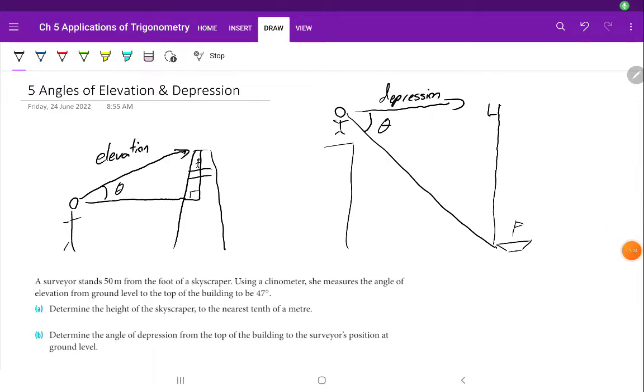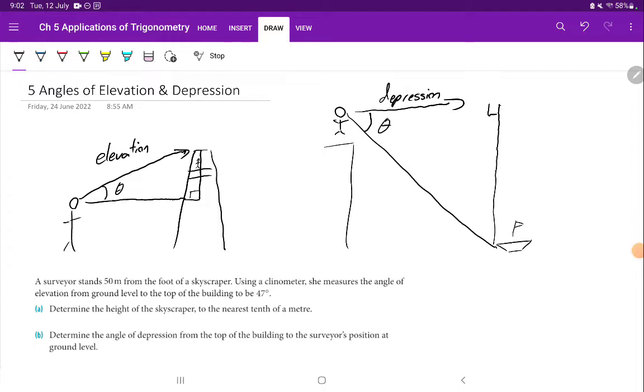Now, in the olden days, in order to work out any far distances, it was much easier to use trigonometry rather than trying to measure things by hand. You can measure anything from how tall a tree is or how tall a building is by just being able to measure the angle of elevation and how far away you are. Measuring distances on the ground is a lot easier than for other things.